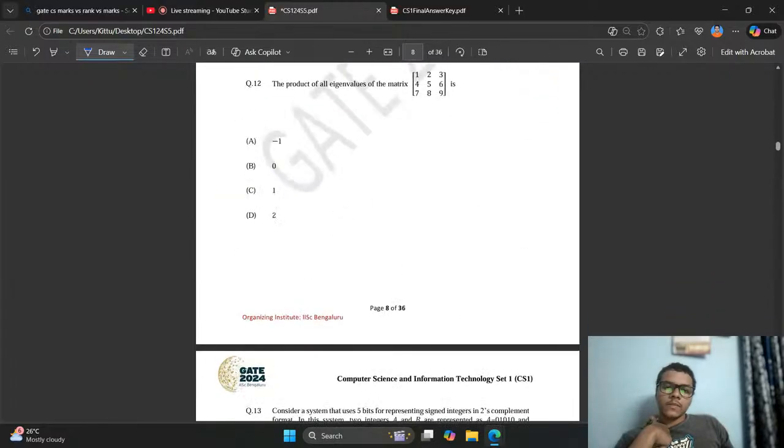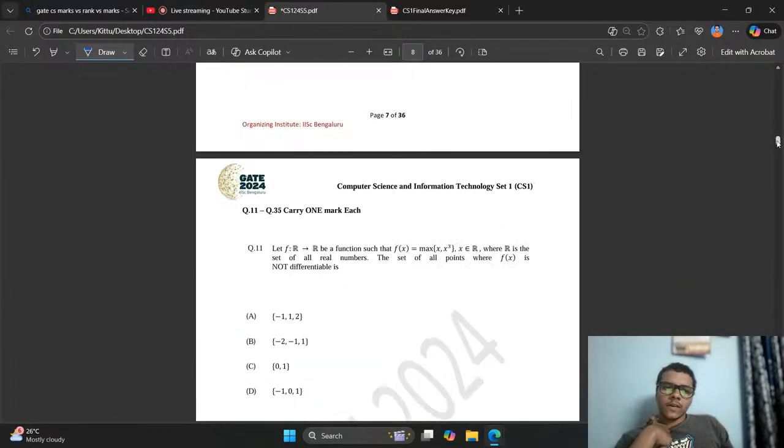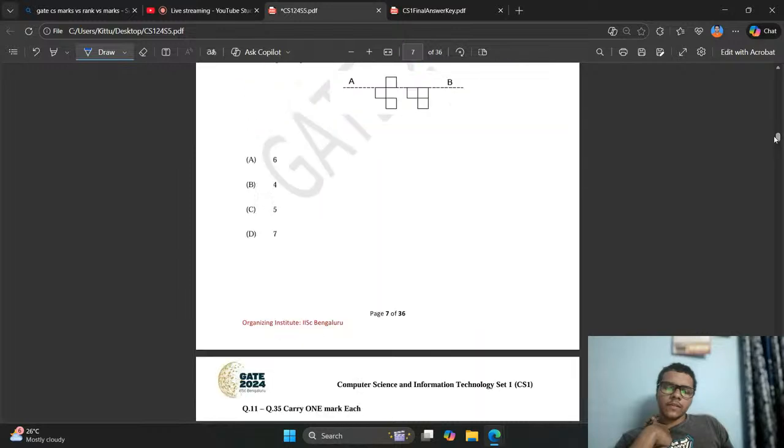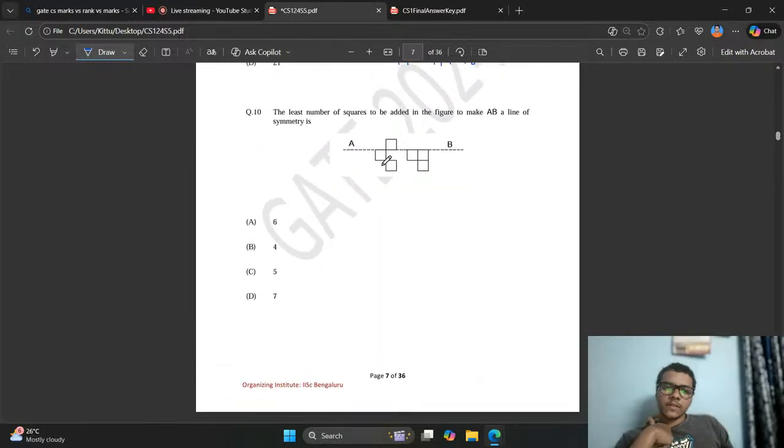The least number of squares to make A a line of symmetry. I have done this one as well by the way. You cannot remove squares. So you need to add one square here, and you need to add two squares here.